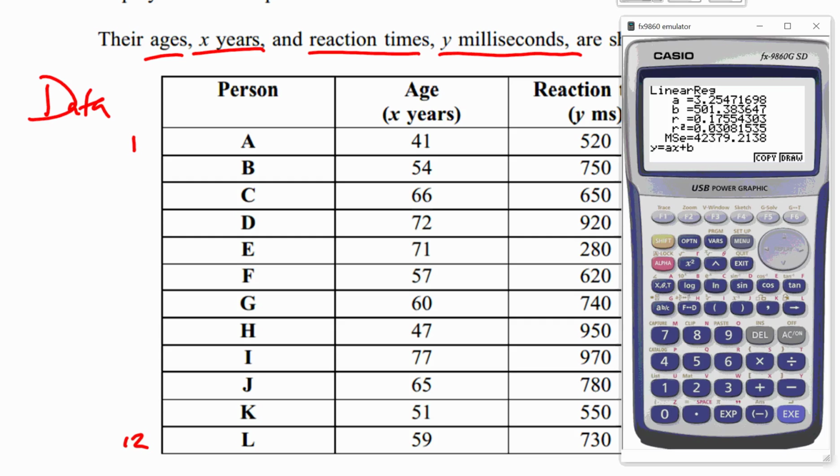Now we've got the results on the screen either way. The A value at the top is 3.255 if we round it to 3 decimal places, and that is our gradient, because it's the AX plus B form. Then our intercept, when x equals 0, y equals 501.